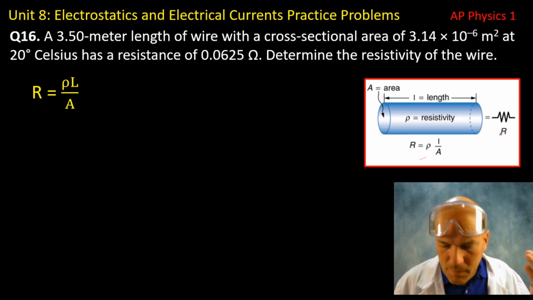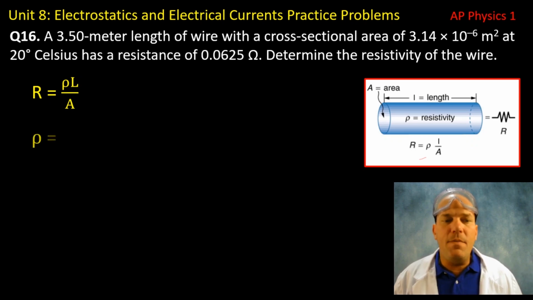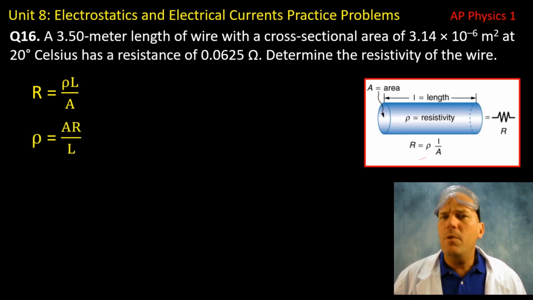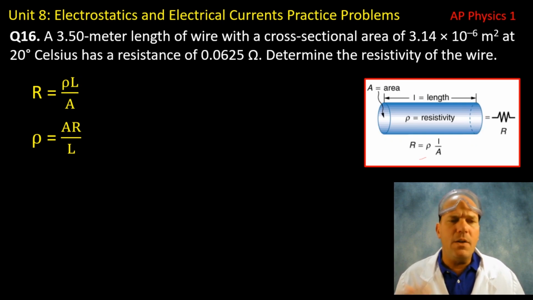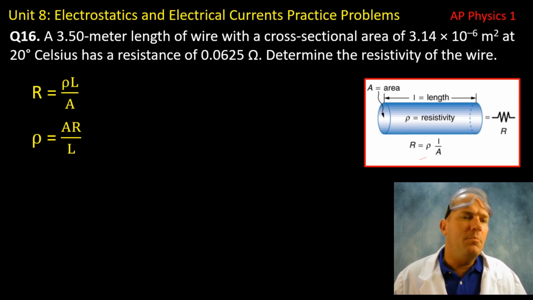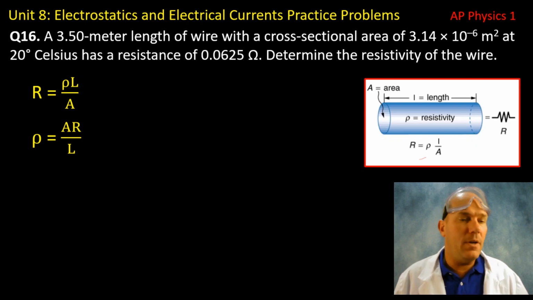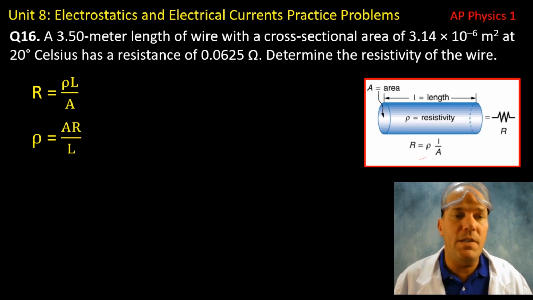So let's go ahead and solve this problem. Let's rearrange algebraically for resistivity. So we're going to isolate the resistivity and basically multiply both sides by the reciprocal of L over A. So we get A over L. And we have algebraically rearranged it now for resistivity.